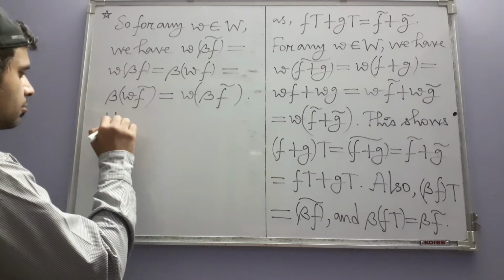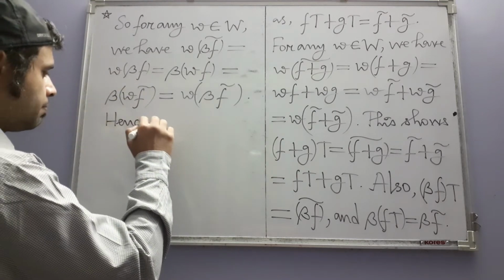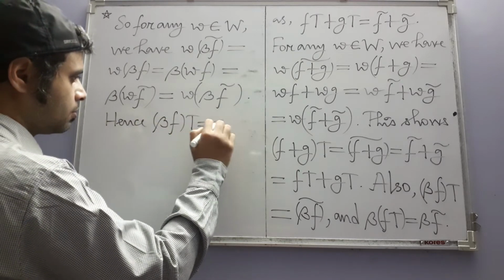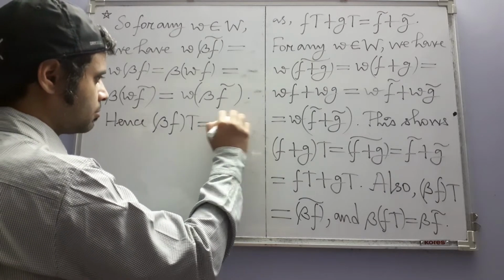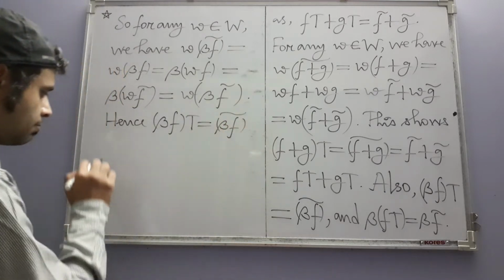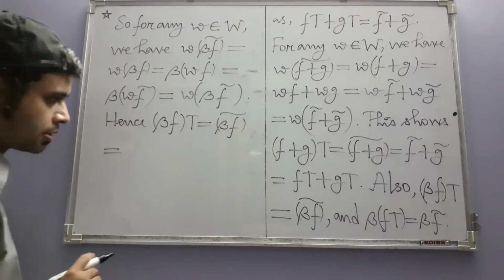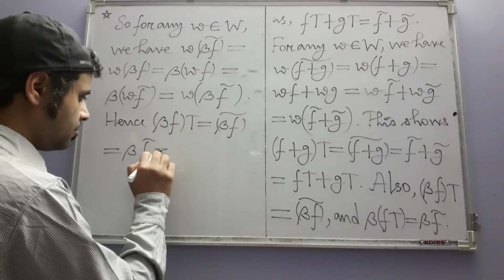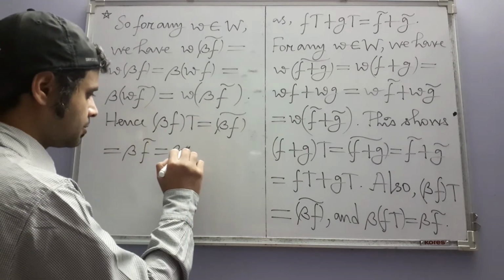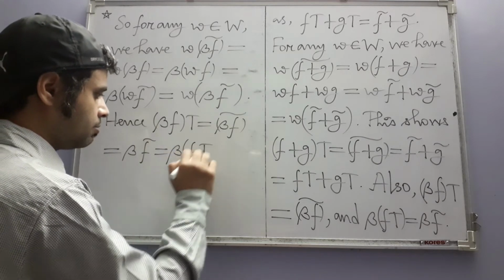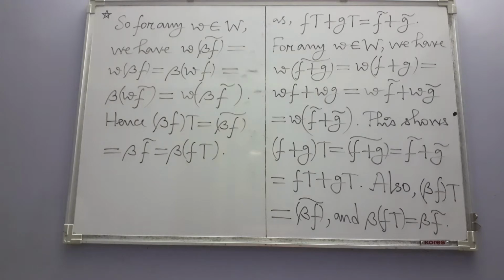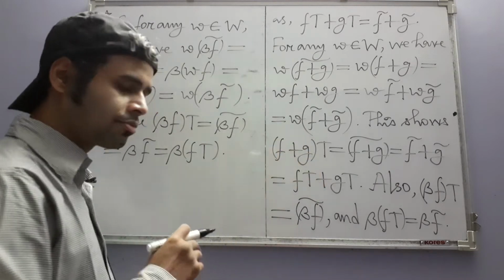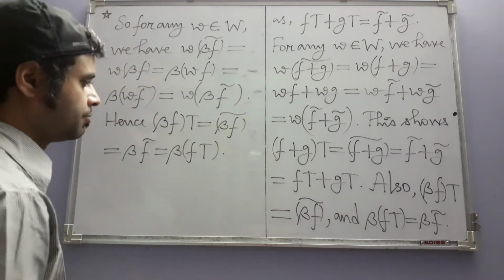Hence, (βf)t, which is equal to the restriction of βf on W, is equal to β times f~, which is equal to β times ft. Okay, so we have now completed showing that T is in fact a linear transformation.